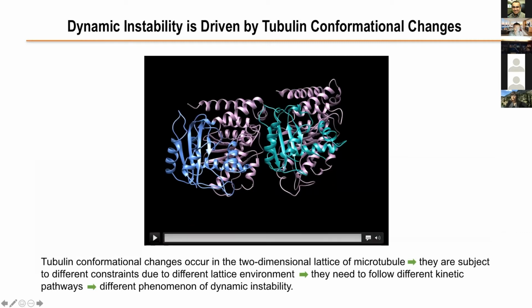But tubulin dimers need to do these conformational changes within the two-dimensional lattice of microtubule. So they are subject to different constraints due to the different lattice environment. Therefore, they need to follow different kinetic pathways, which leads to different phenomena of dynamic instability.